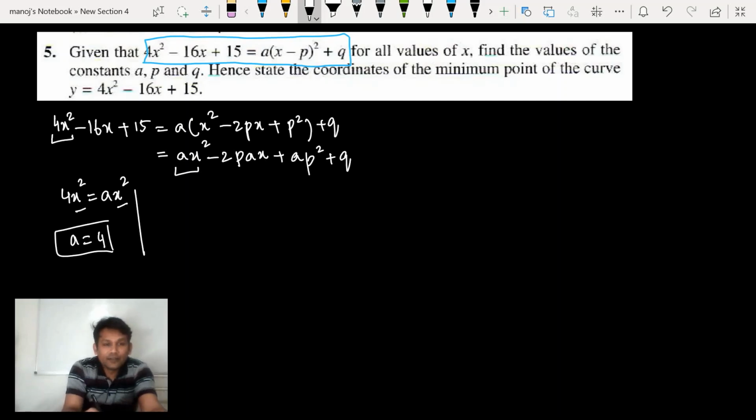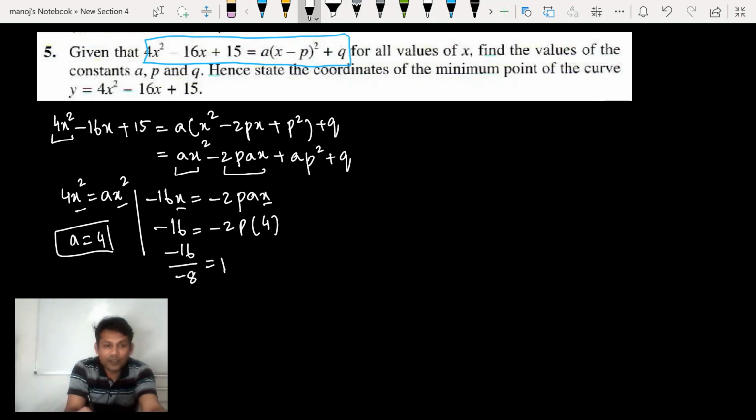Second is minus 16x. We have x here with only this. x cancels out, we have minus 16 equals minus 2pa. a we have already found here. So 4 times 2 is 8, minus 16 divided by minus 8 is equal to p, and p is becoming 2.